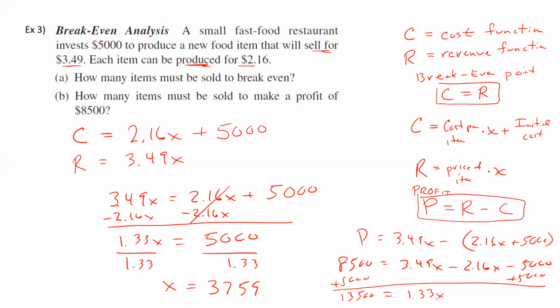So I got 13,500. The difference between my revenue and cost per item is still 1.33. Divide 13,500 by 1.33 makes 10,150, roughly. Is that what you got the pre-algebra way, Owen?